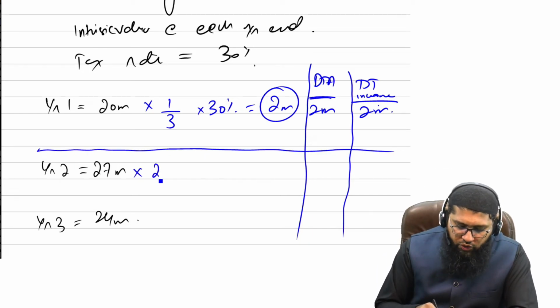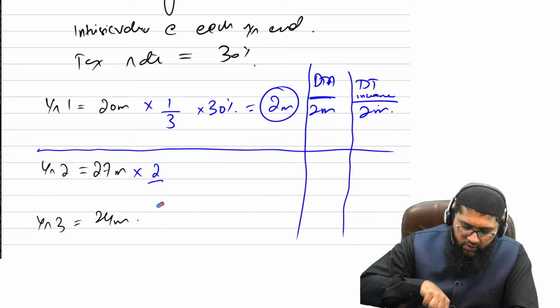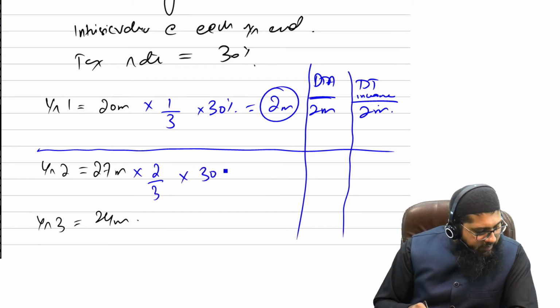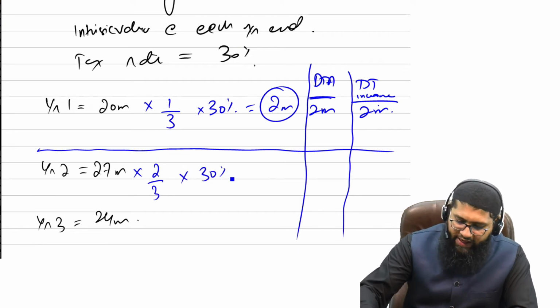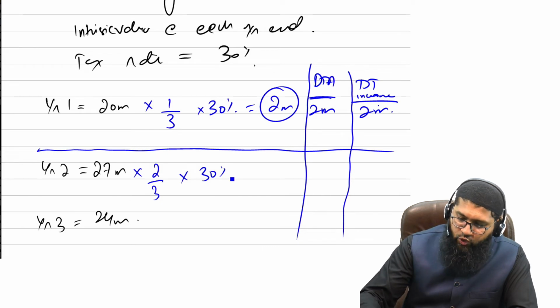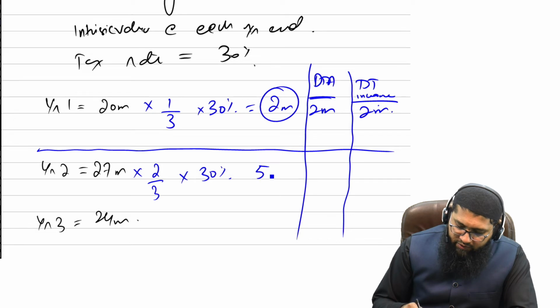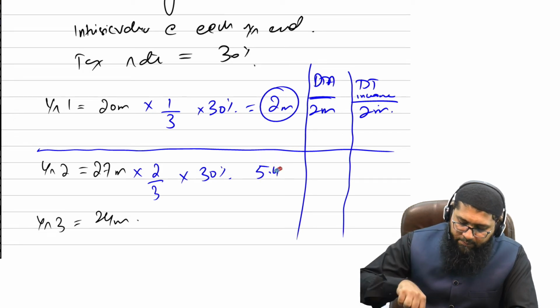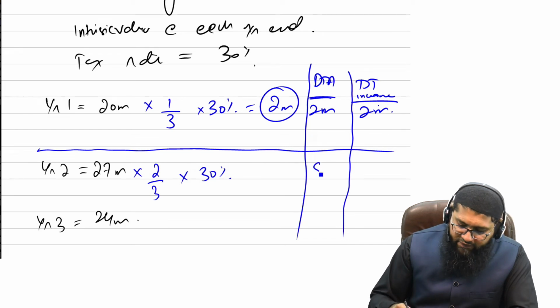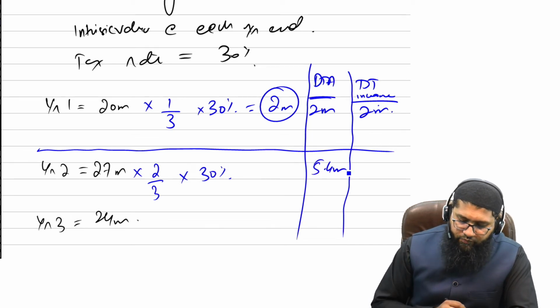Now in year 2, you would multiply by 2 upon 3, multiplied by 30%. So 27 into 2 divided by 3 into 30% gives you 5.4. The deferred tax asset is 5.4.